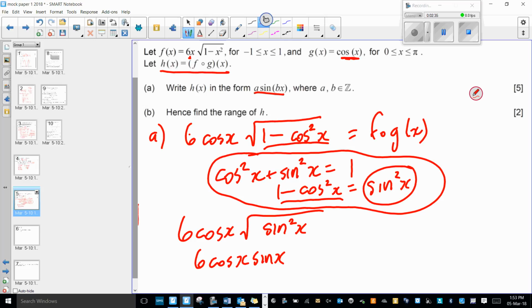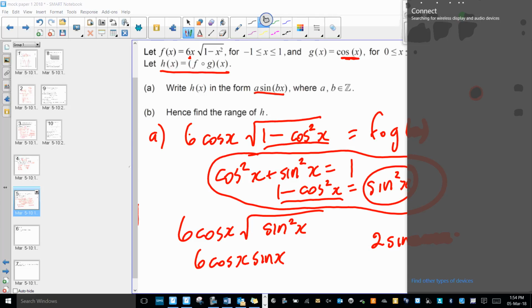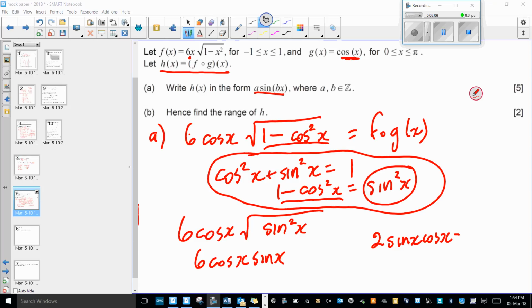Okay? Right, is that it for A? No. So this is looking better, but it's not what this says here. So now again we're looking at our identities. And we should see that we've got an expression that says 2 sine x cos x equals, so 2 sine x cos x, what's that equal?